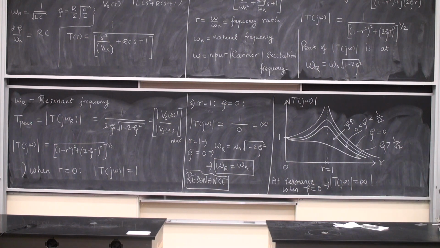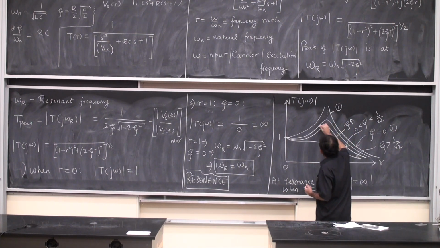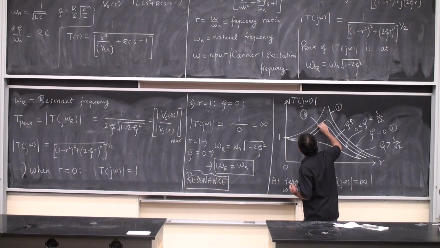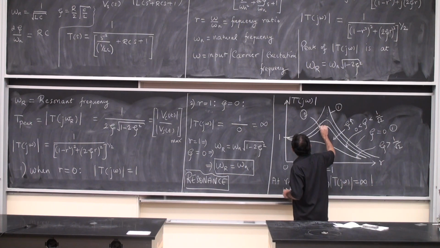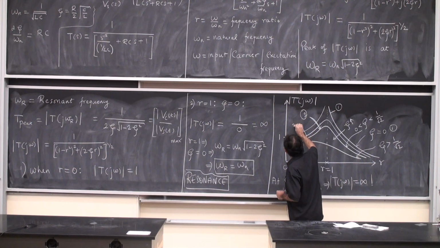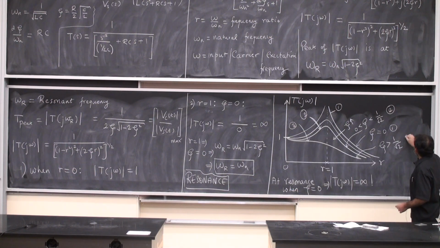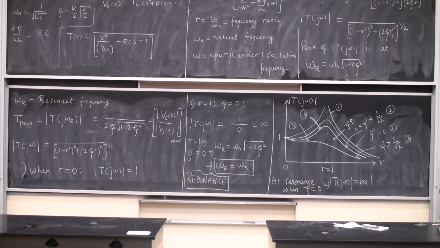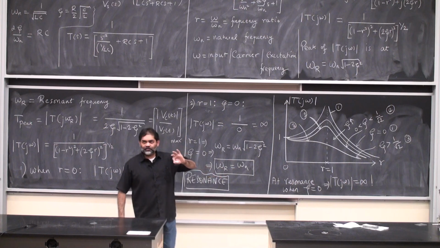Okay, so there are 3 curves. This is curve 1, then curve 2, and then curve 3. Does the figure make sense, or do you want me to redraw it and explain it again?